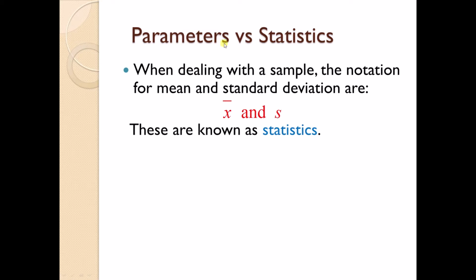Parameters, on the other hand, are similar insofar as the numbers, but these are going to be values that are actually out there for entire groups or entire populations. So for example, if I need the average weight of an 8-year-old male in the United States.